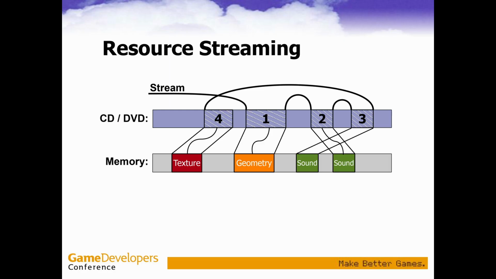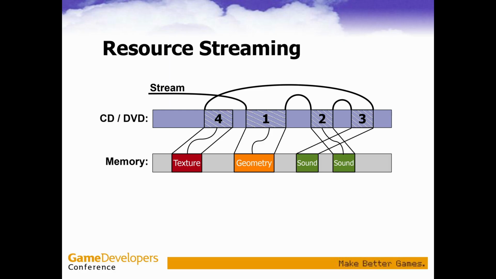So you'll end up with an order that's much less predictable, and the worst part about this is that your read head would end up skipping around, and as you all know, seeking on the DVD is very slow. And then in memory, instead of having this sort of simple double buffered thing, you now have places where you store the resources in memory, and that has its own set of problems that it entails.